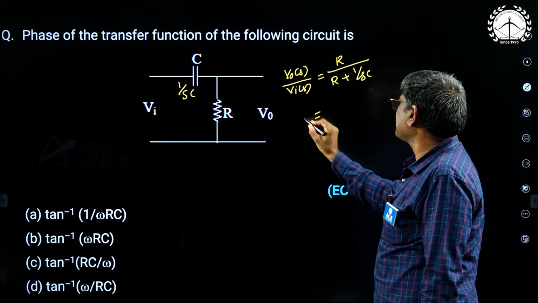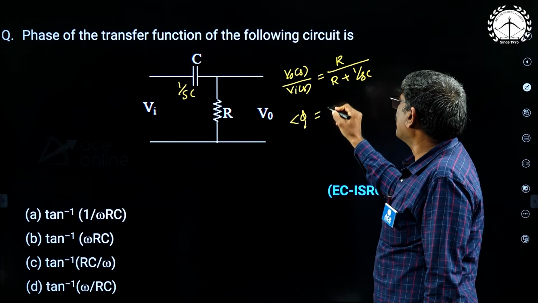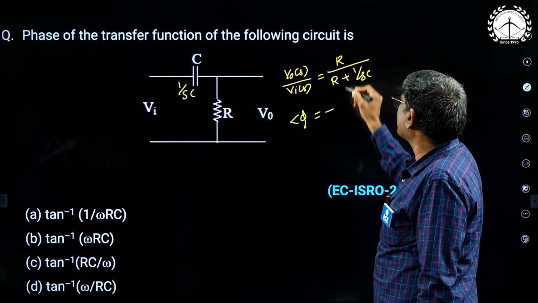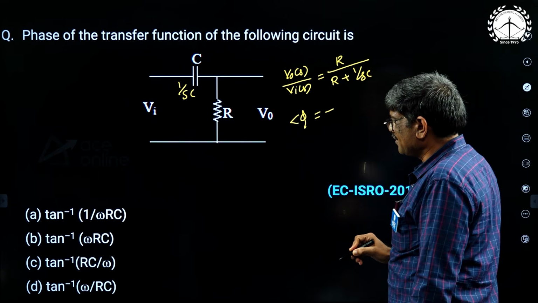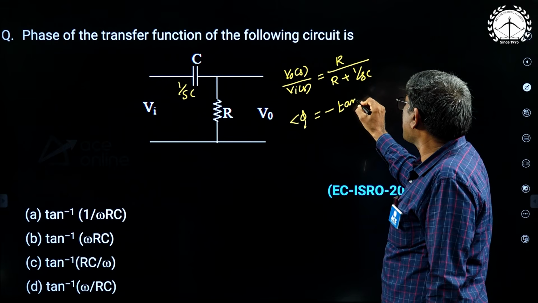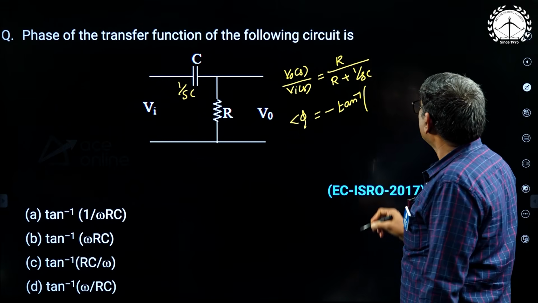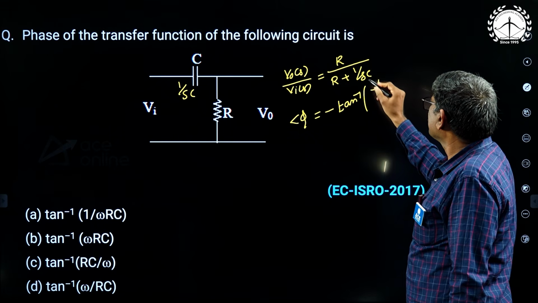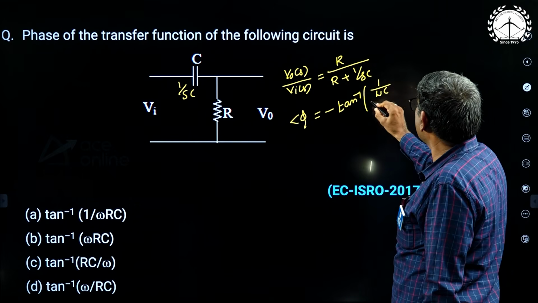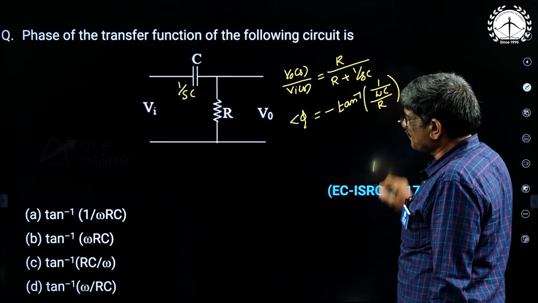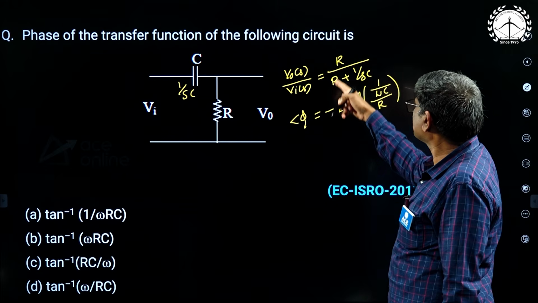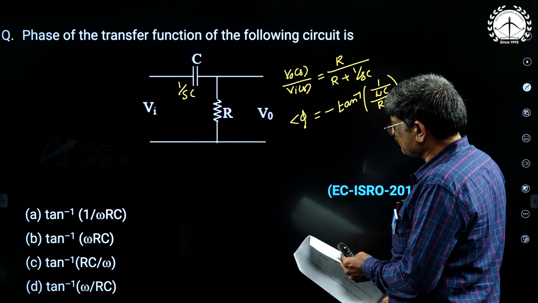So then write the phase angle phi. Phi equal to angle of R is 0, minus tan inverse of imaginary part by real part. What is imaginary part? 1 by omega C, divided by real part R. So that means imaginary part by real part.